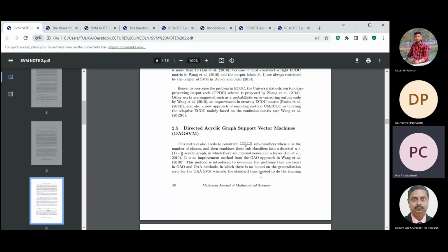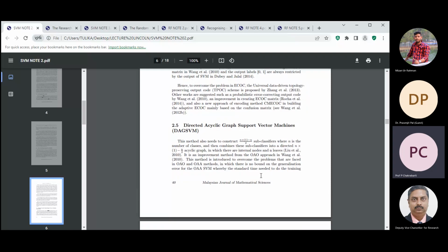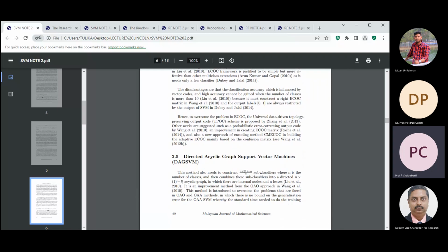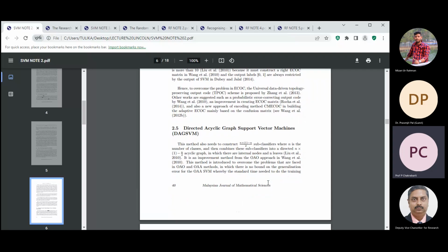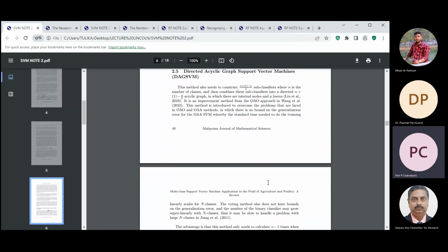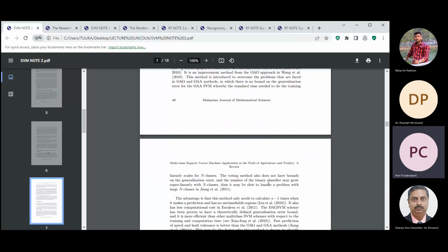And another thing is that here the directed acyclic graph support is another very important thing. That basically means you can apply this everywhere. When we create certain subclasses, then in those subclasses also there can be overlap. So in the directed acyclic graph, in this case we have to vote. How does the voting work?